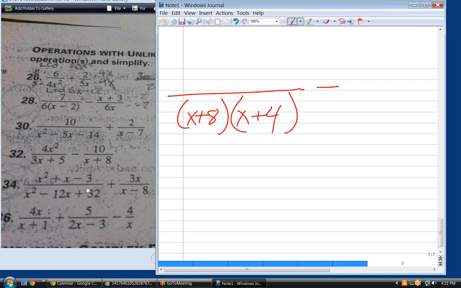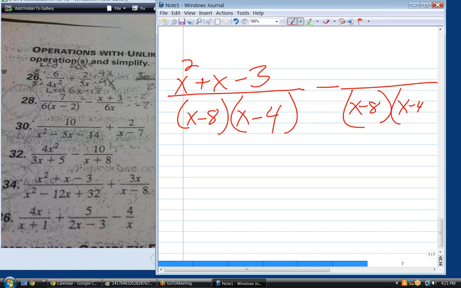Okay. So I haven't really changed this side of it. No, it'd be X minus 4. It'd be X minus 8 times X minus 4. I screwed up because it's... No, you're right. I was the one that made that mistake because I wrote X plus 8 to begin with. Okay. Does that work? Yeah. And then the top is X squared plus X minus 3. And over here we have X minus 8 times X minus 4.